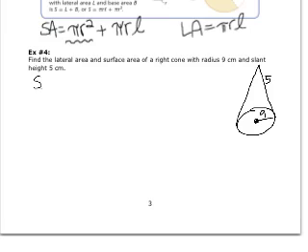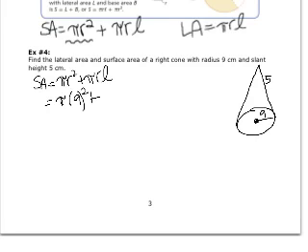So surface area formula, step 1, I want you to always write the formula. Pi r squared plus pi r l. Cones are very quick. All you need is radius and slant height, and I have that on this one. So I'm going to do pi, my radius is 9, so plug in your numbers. Pi times 9 squared plus pi times 9, slant height is 5.